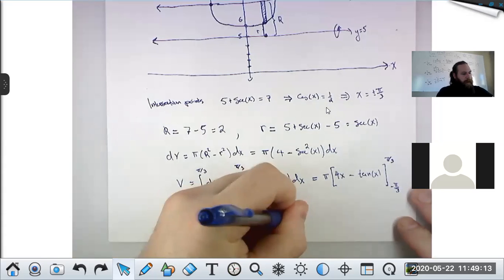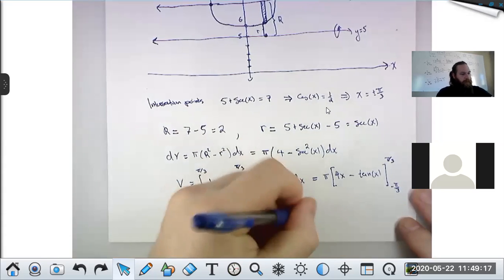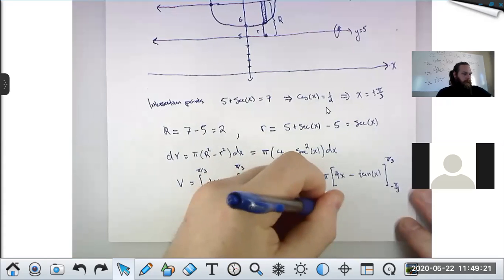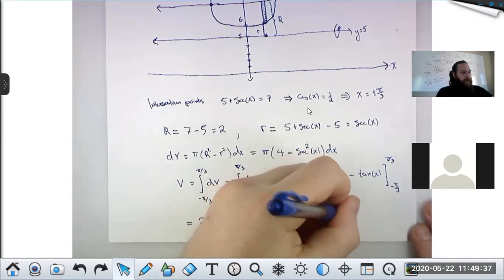The tangent of pi over 3, who remembers that? Good, yeah, root 3. So it's root 3 over 2 divided by 1/2, which is just root 3.